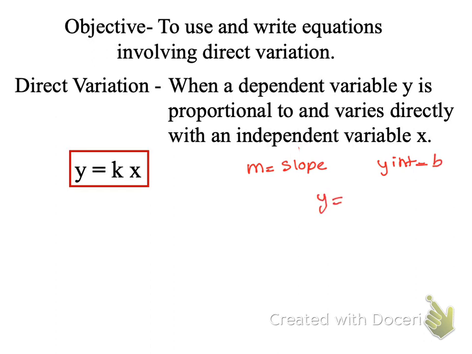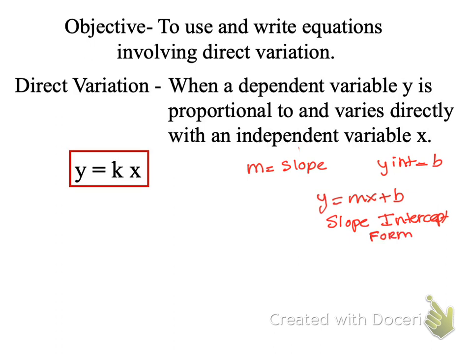And when you have y equals mx plus b, what do we call this? Slope-intercept. You need to use both words. I don't want you to refer to this equation as slope, or as intercept, but it should be called slope-intercept or slope-intercept form, either way.